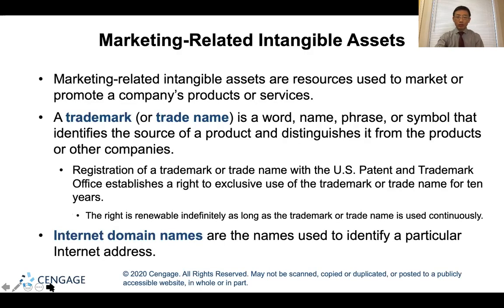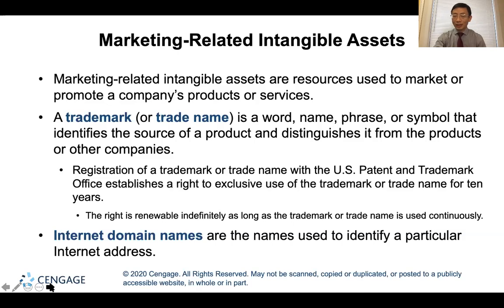Okay, so the first one is marketing related intangible assets. And you know, we are very familiar with this kind of intangible assets, and it's also very powerful. For example, the logo of Google, the logo of Starbucks. You know what the meaning of the logo of Starbucks is?